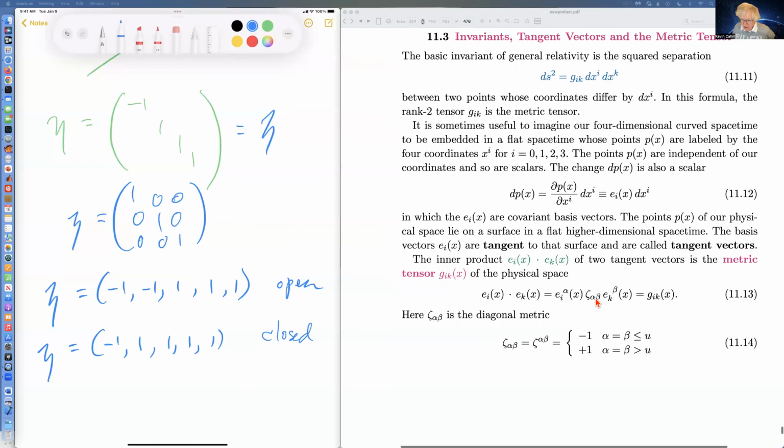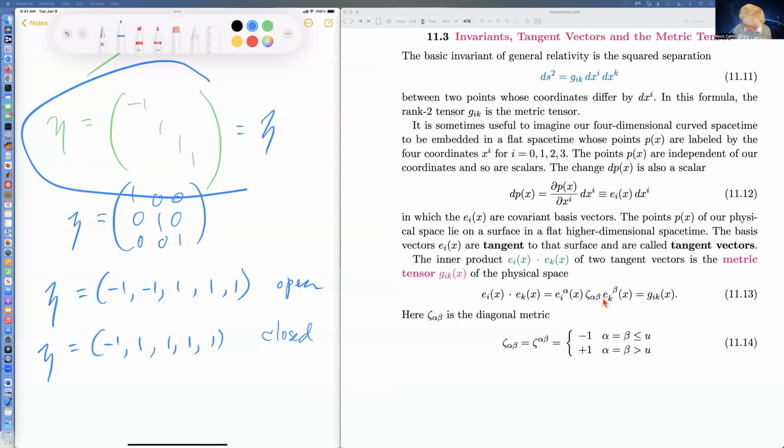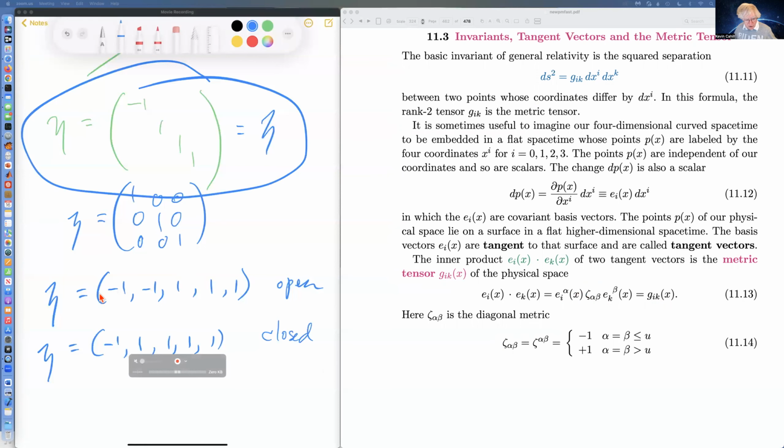Since the embedding space is simple, it's just Euclidean space, or what's called Minkowski space, which is this space over here, or if it's a Robertson-Walker spacetime that's open, it looks like this, or closed looks like that.